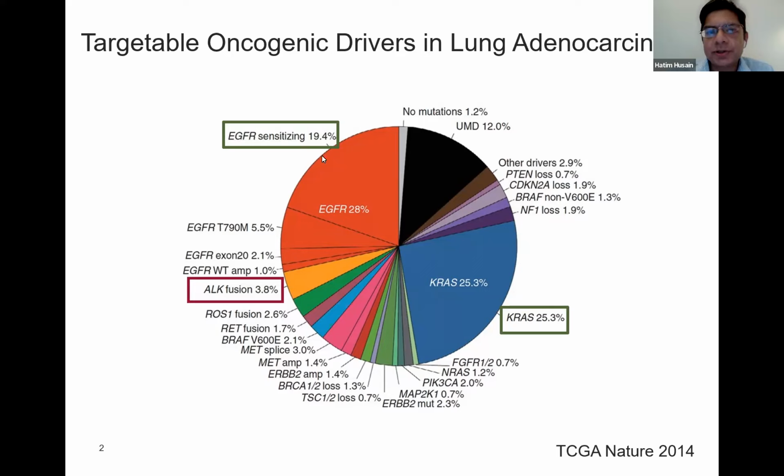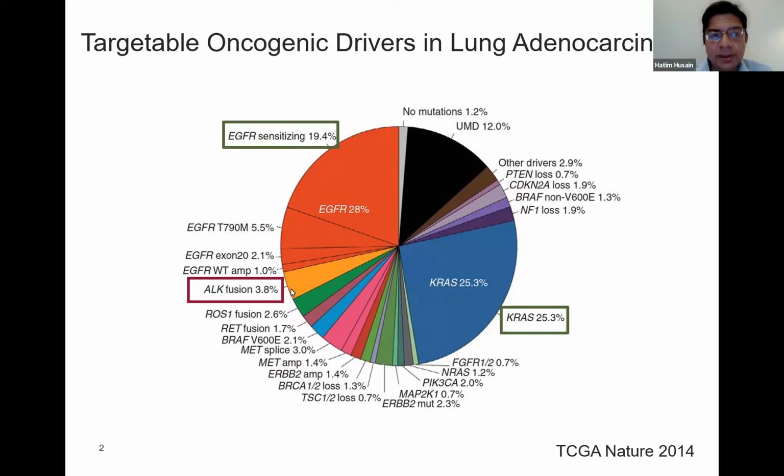EGFR sensitizing mutations are about 19%, exon 20 insertions about 2%. It's not enough just to say a patient has an EGFR mutation. The type of EGFR variant may be important for therapy selection, particularly as we know for exon 20 insertions.